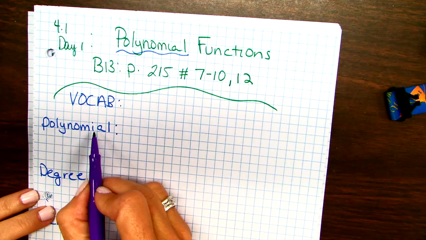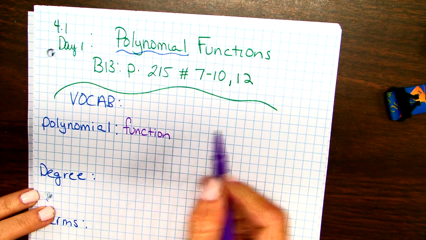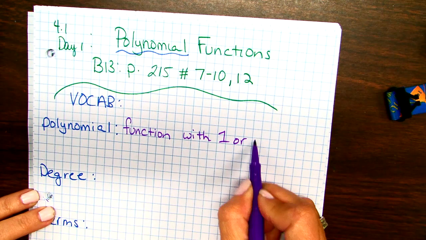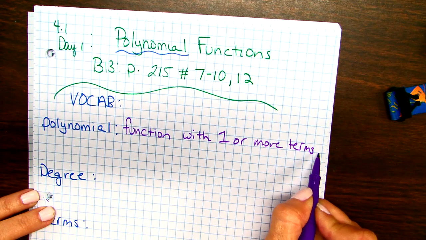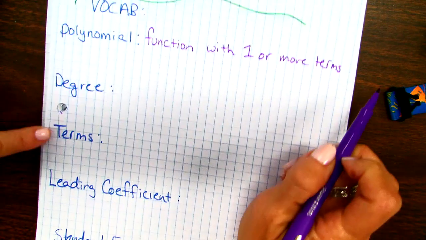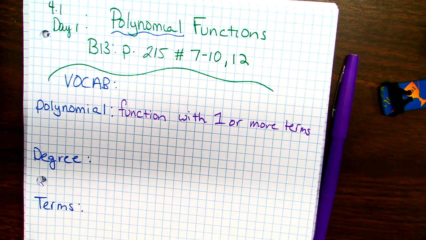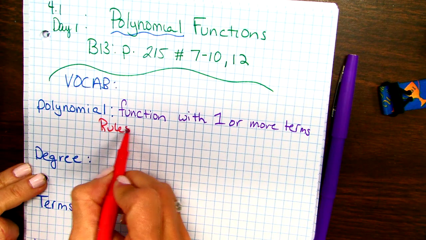A polynomial is a function with one or more terms, okay? And terms is one of your vocab words, so if you're not clear on that, that's coming. And there are some rules that have to do with polynomials.